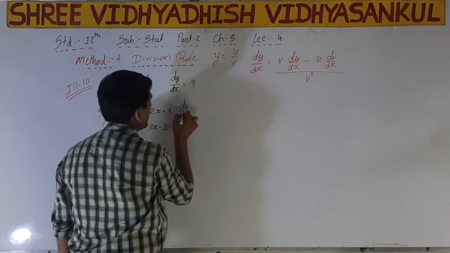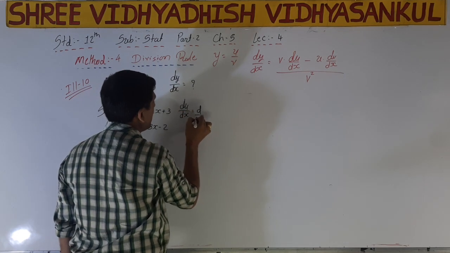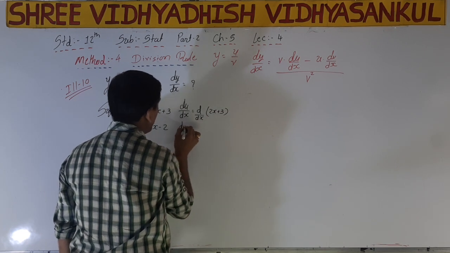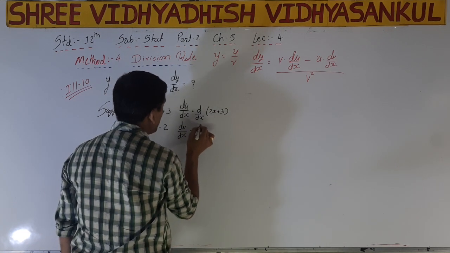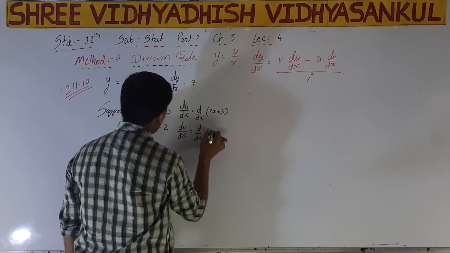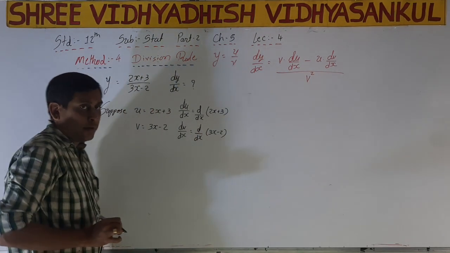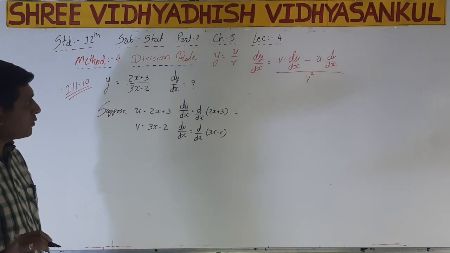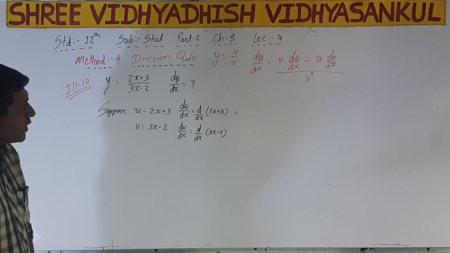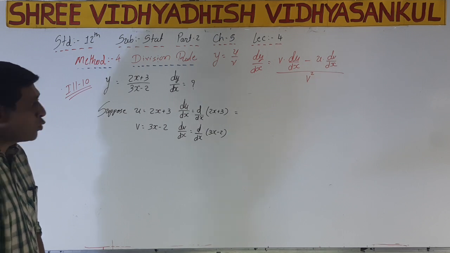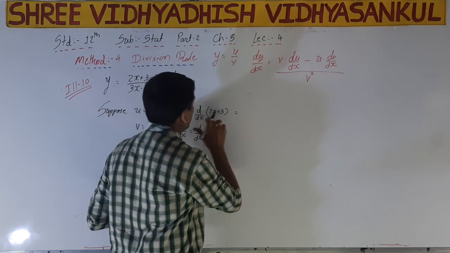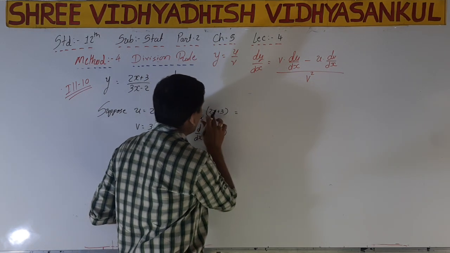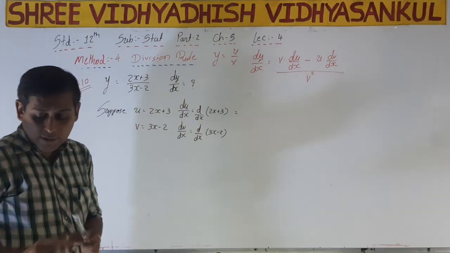So du by dx is equal to d by dx into 2x plus 3, and dv by dx is d by dx into 3x minus 2. What is the differentiation of 2x?